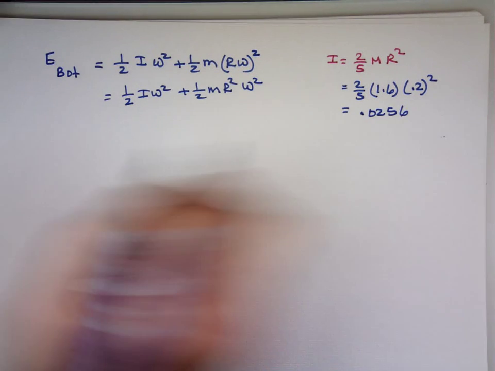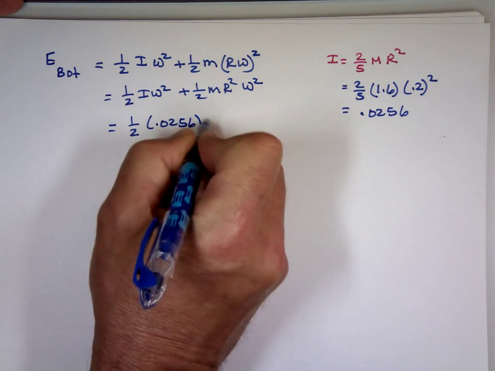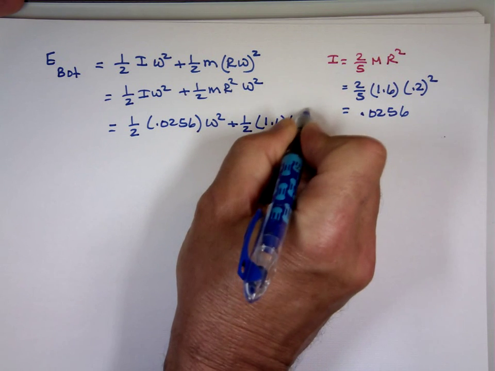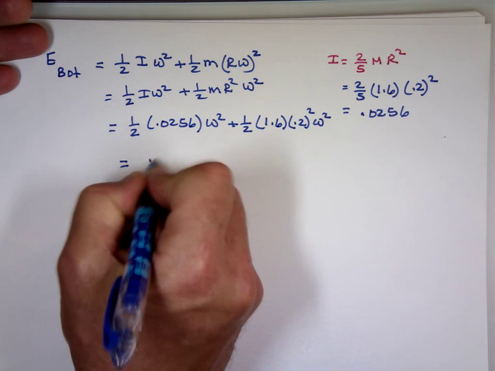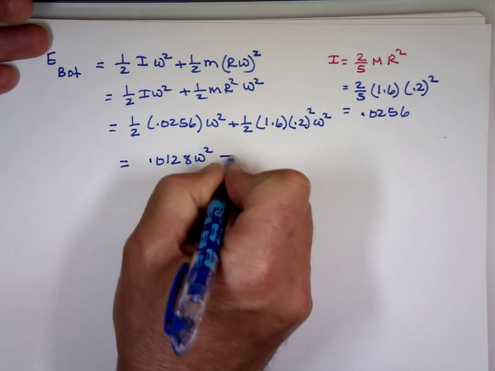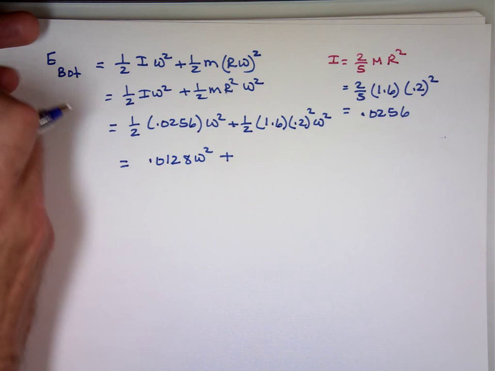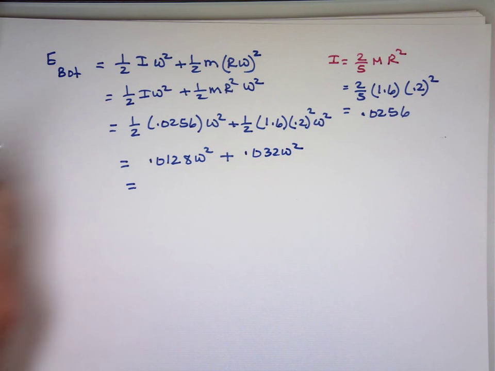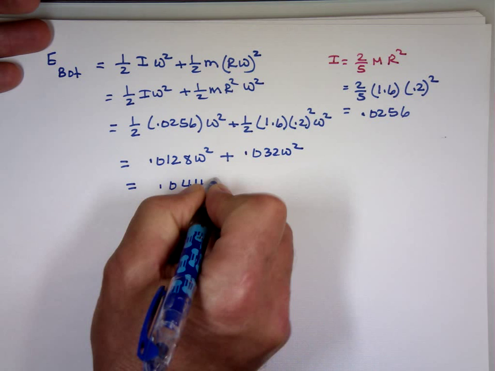So here we go. 1/2 I, which is 0.0256 times W squared plus 1/2 the mass, which is 1.6 times R, 0.2 squared times W squared. 0.0128 W squared plus 0.032 W squared, 0.0448 W squared. That's the total at the bottom.